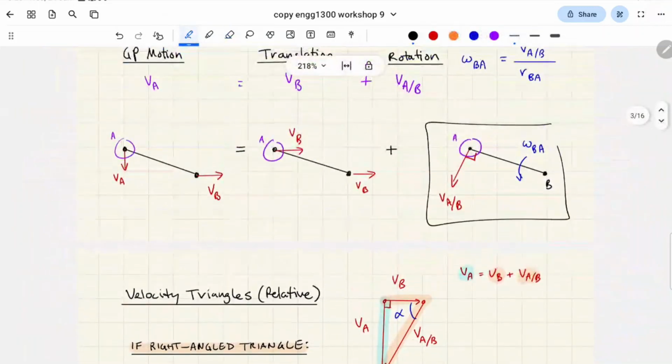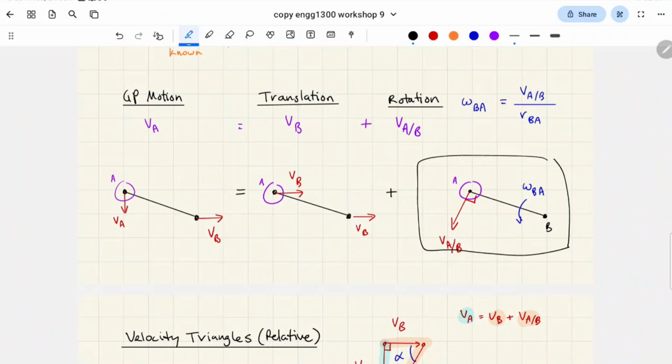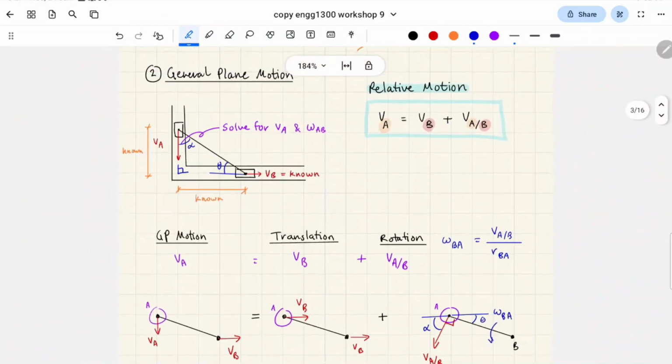Normally it would be from the relative velocity portion, which you can draw out like a little member, right? And then let's see this compared to the original diagram.